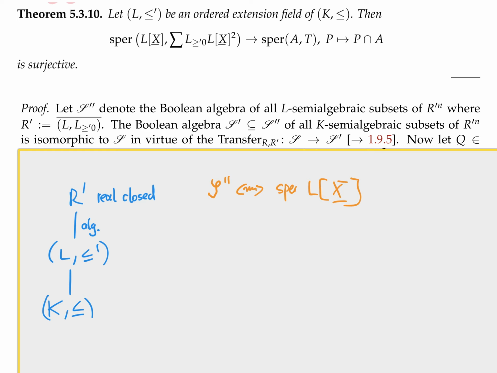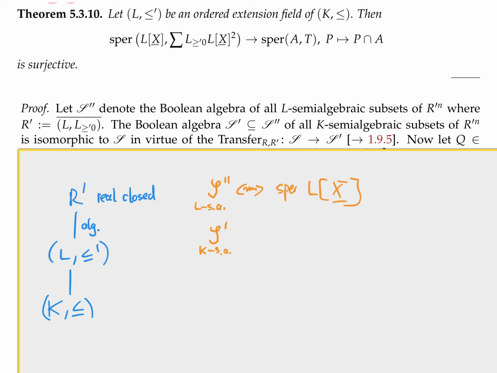And when I look also at the Boolean algebra S prime of K semi-algebraic subsets of R prime to the n, right? So these were the L semi-algebraic subsets, and S prime is the same thing, but now K semi-algebraic subsets.